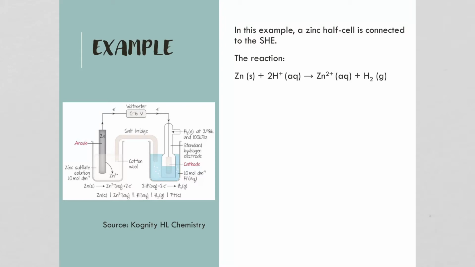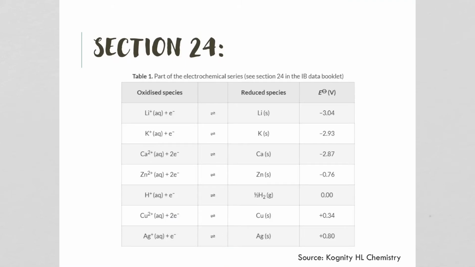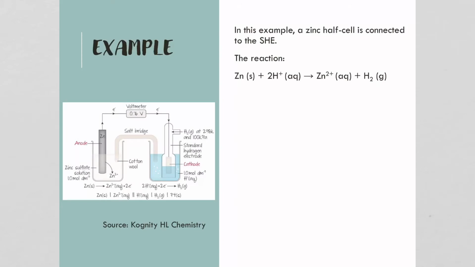So we need to go and look at the values on our data table. If we look here, we can see that the hydrogen is 0.00, and then the zinc is negative 0.76 volts. So we're going to use those values. Our cell potential, we'll write that equation, is equal to the cell potential of what's being reduced minus the cell potential of the thing that's being oxidized.